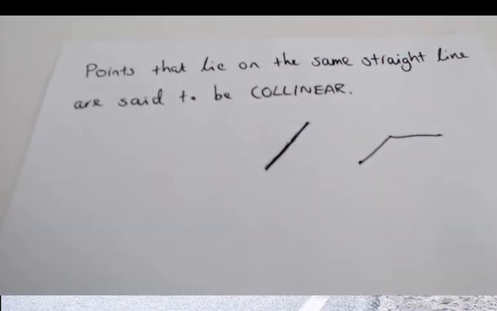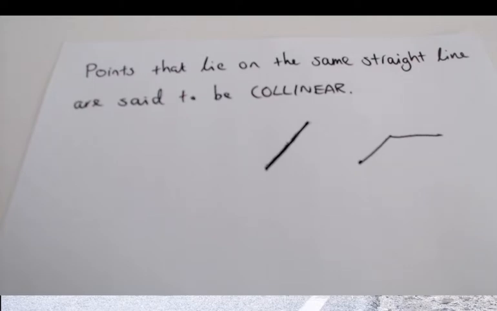If those gradients are the same, then they're parallel lines, which is the first step on the way to proving they're collinear. Then we've just got to show that they share the same point, and that will prove that they are actually collinear. So we're going to be given 3 points, split this up and work out the gradient of 2 lines, and then have a look at how we communicate our final answer.